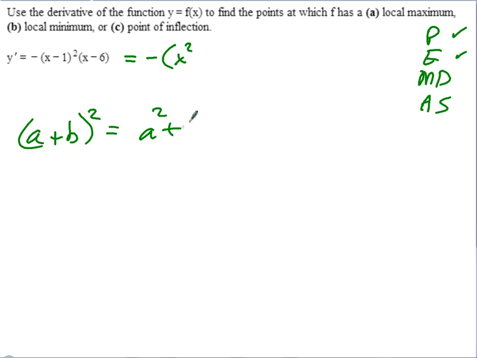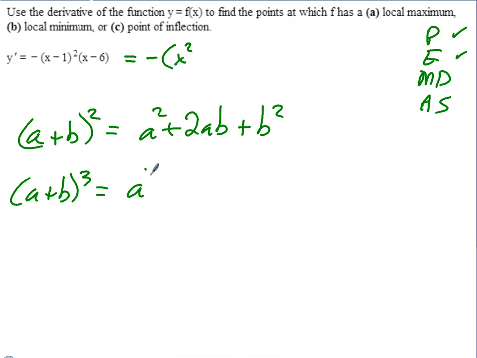A squared plus 2ab, good. Plus b squared, remember that? Okay. While we're at it, what's a plus b cubed? It's good to rehearse these every once in a while. A cubed, good. Plus 3 a squared b, good.